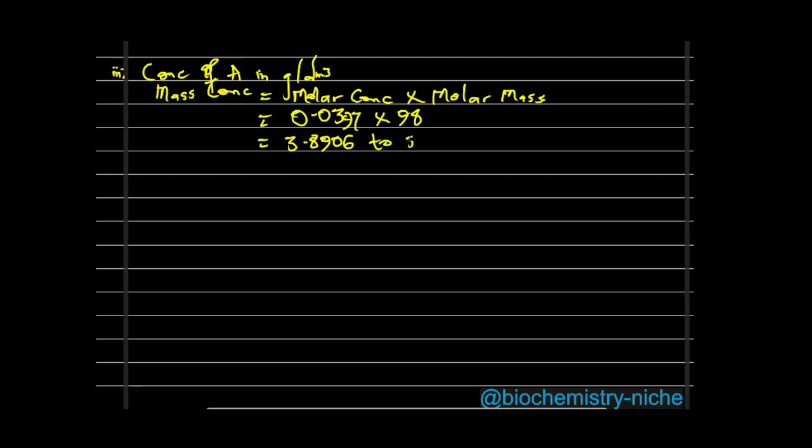To 3 significant figures, that equals 3.89 grams per dm cube. So this is the value of our concentration of A in grams per dm cube. So that is what the second question is looking like.